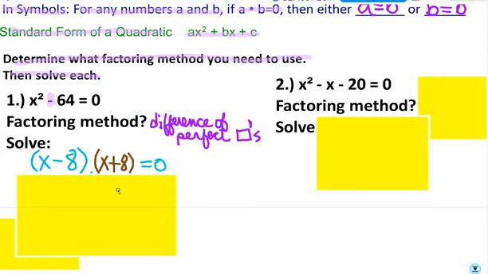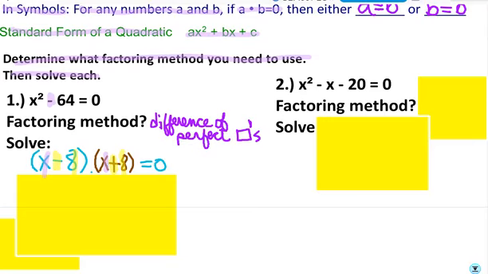So I have x and x indicated here. The square root of 64 is 8, indicated here and here. And the negative between x squared and 64 says one factor is separated by negative and one is separated by positive.